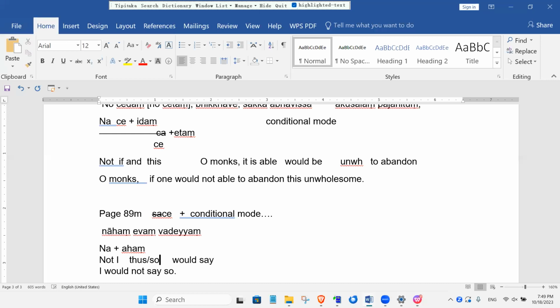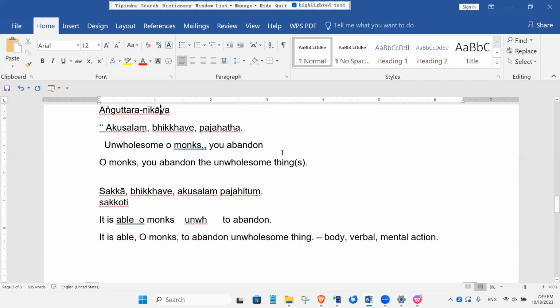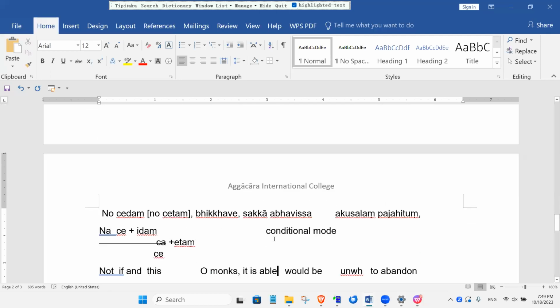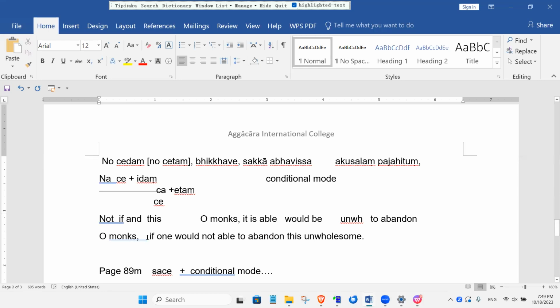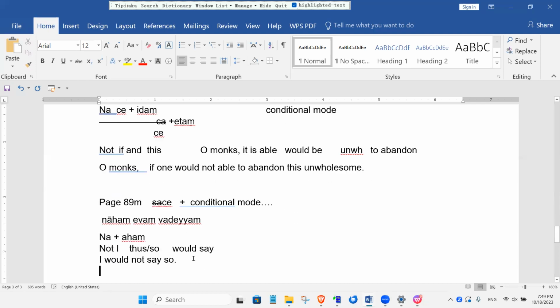I will not say so means that it's possible to abandon the unwholesome things. So, O monks, you abandon the unwholesome things. It is able, O monks, to abandon the unwholesome thing. If one would not be able to abandon this unwholesome, I will not say so.